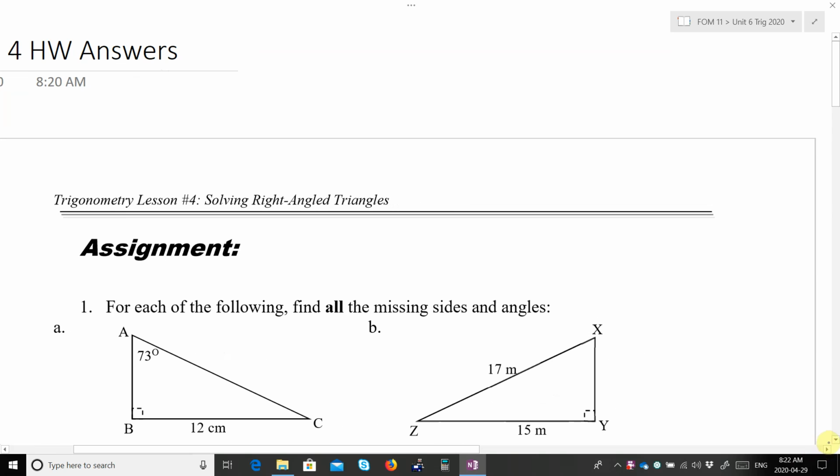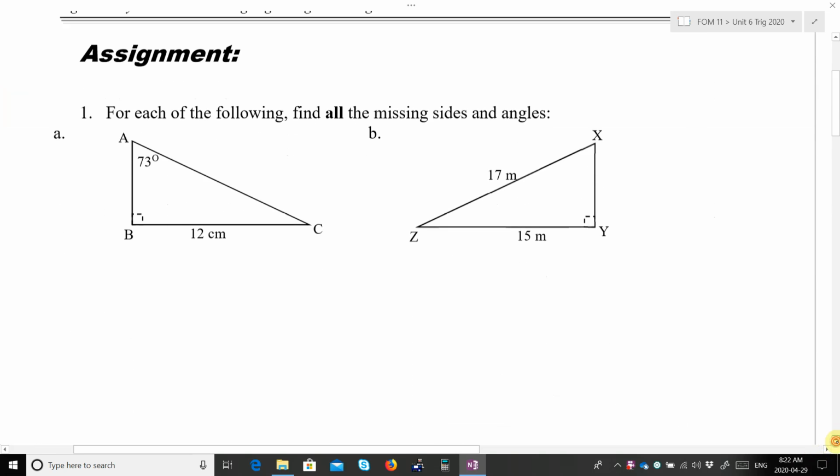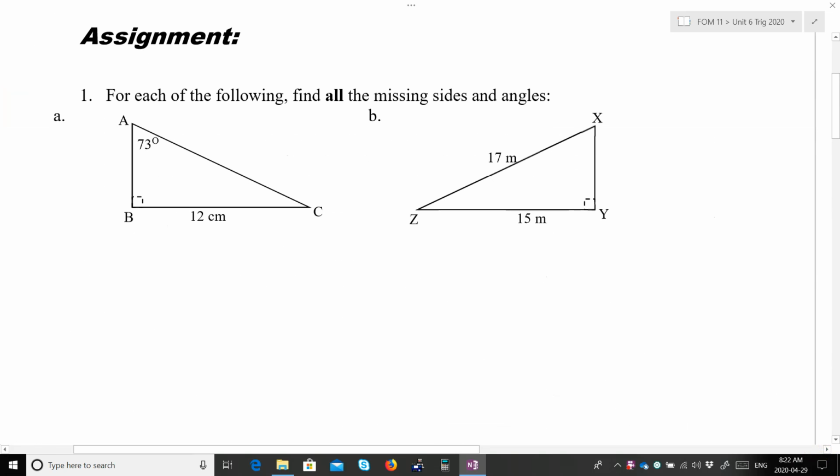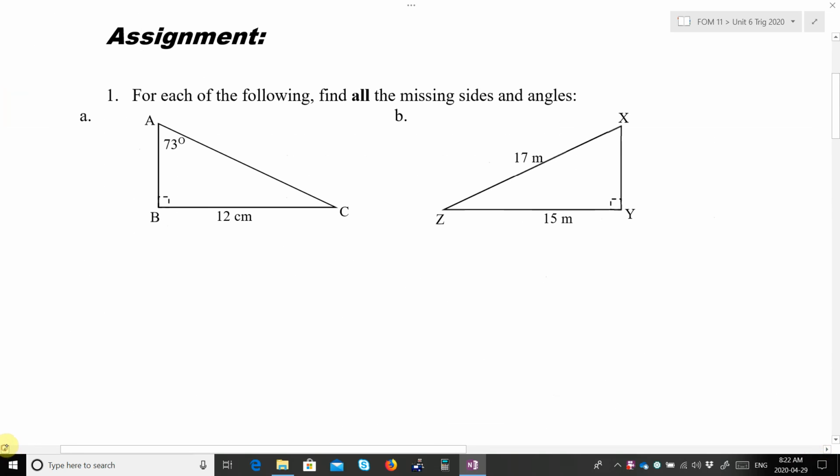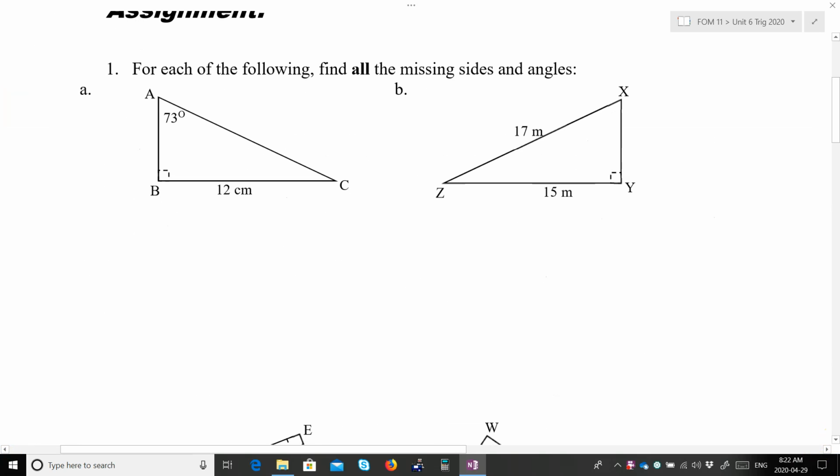Okay, here we go. So number 1, for each of the following, find all the missing sides and angles. I think it's easiest to find angle C first because we have this 90 degrees and this 73 degrees. And you know that angles in a triangle have to add to 180 degrees.